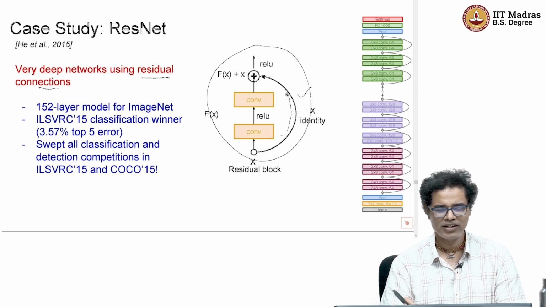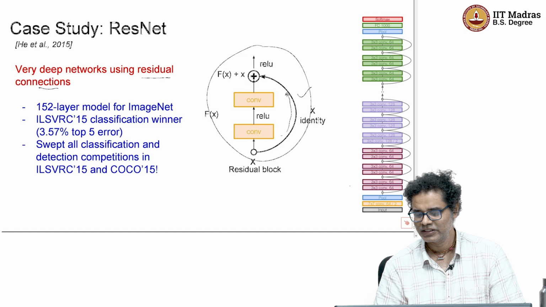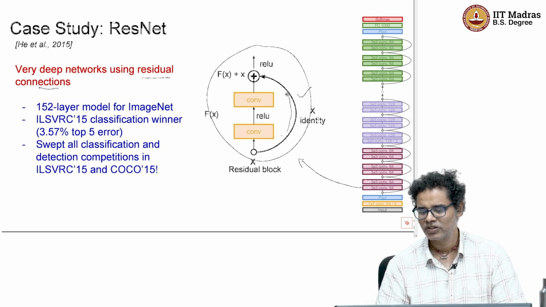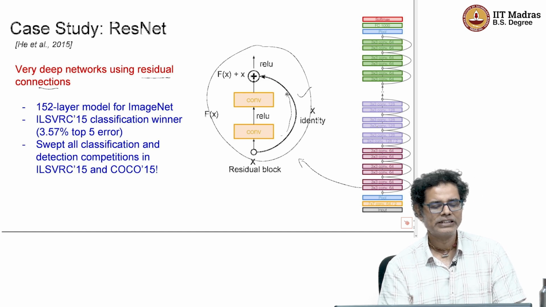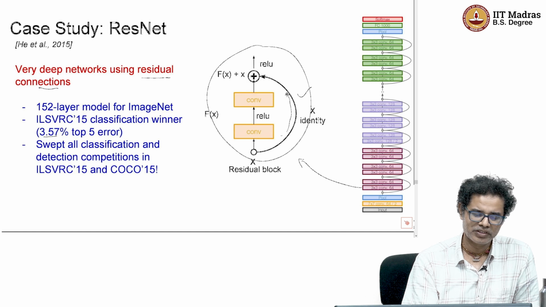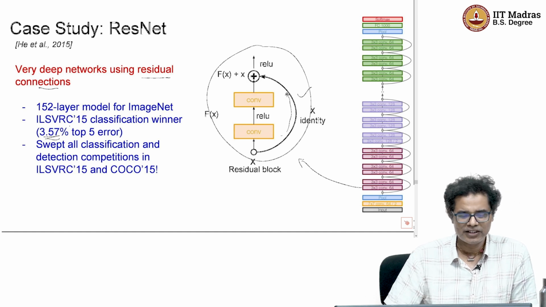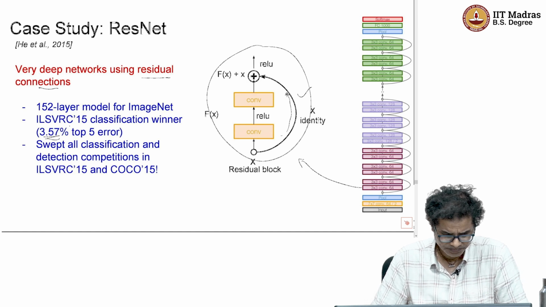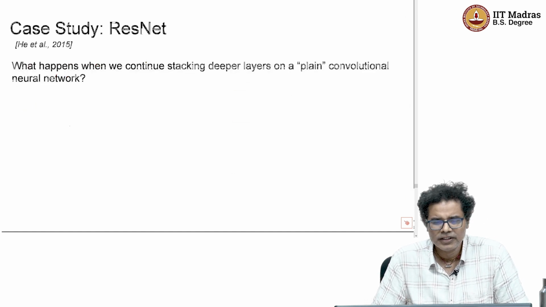This is the main block, and you just repeat it again and again, and then you get this huge and deep network. It's a 152 layer model for ImageNet, and it gave very good performance. Even compared to GoogleNet, it did much better, and it won all the competitions that year.